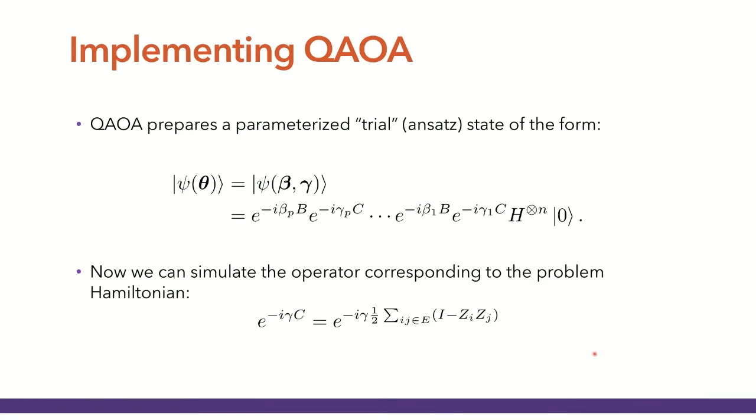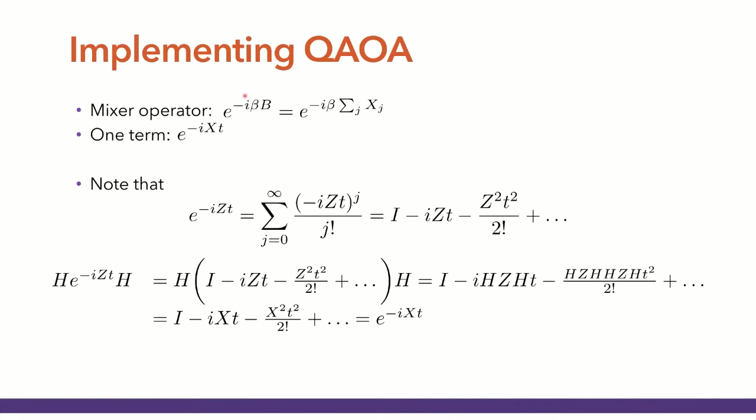Now the second part of our circuit is the mixer Hamiltonian, which is exponent of minus I beta sum over all qubits Pauli X. Each of these terms, exponent of minus I XT, can be simulated by noticing that if you sandwich an exponent of minus I ZT between two Hadamards, it is equal to the exponent of minus I XT.